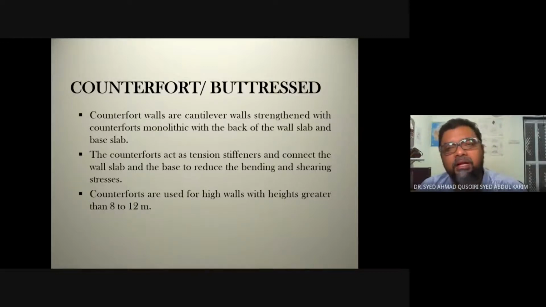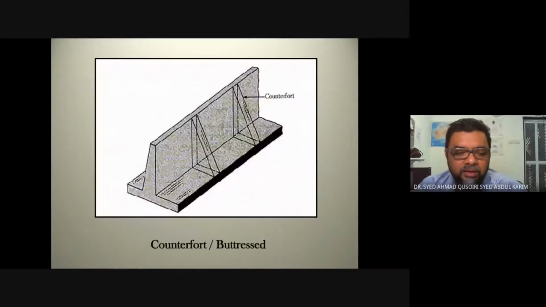So it has another component to it: we have the wall, we have the base, and then we have the counterfort. They act as tension stiffeners and connect the wall slab to the base slab, reducing the bending and shearing stress. So by having this counterfort, we are reducing the stress between the wall and the base.